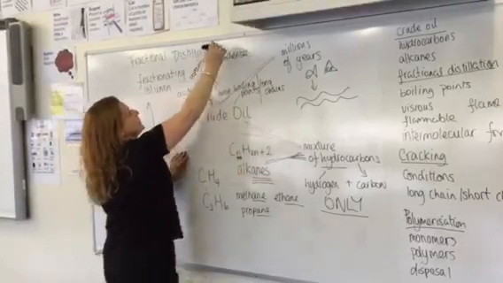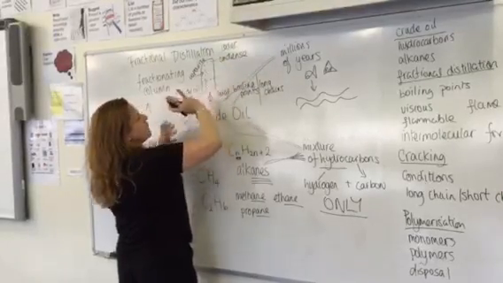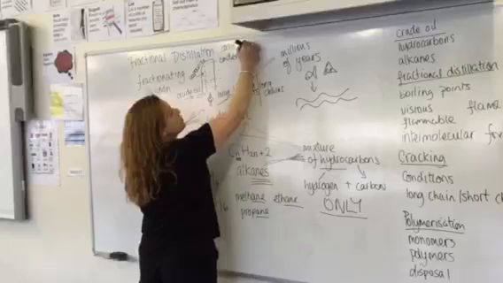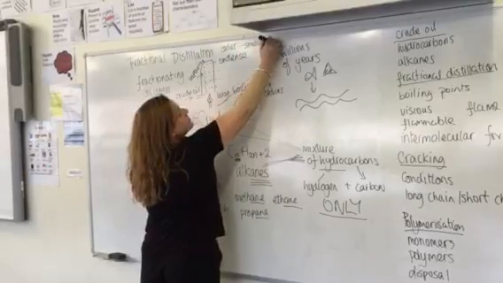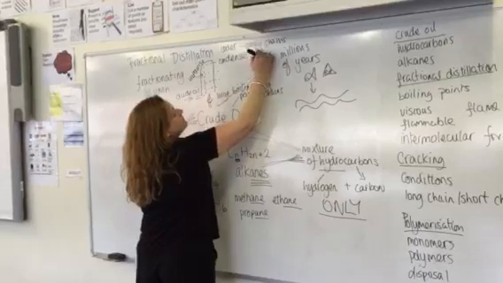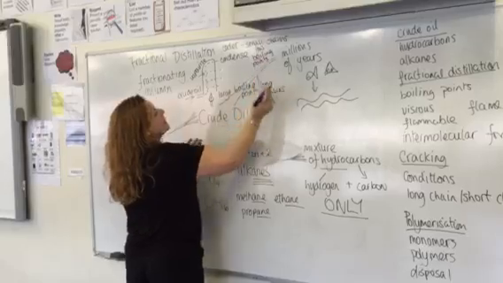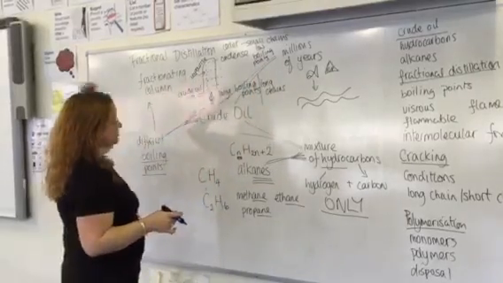At the top, it's cooler. And this is where you get your gases. So you get your small chains with low boiling points. And they are mostly gases, okay? And in the middle, you've got your liquids.